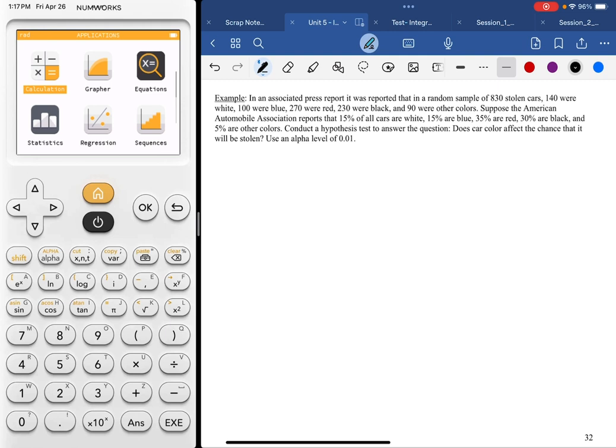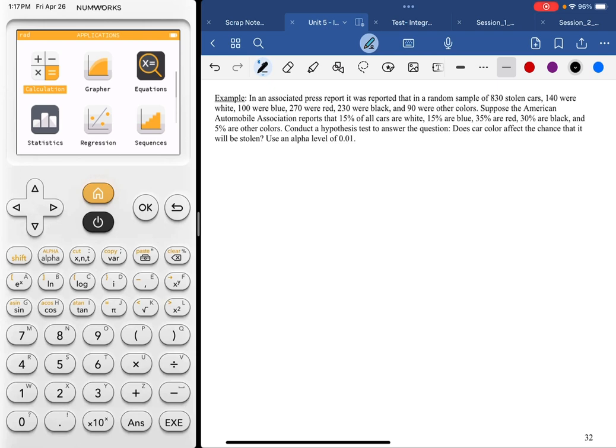Suppose the American Automobile Association reports that 15% of all cars are white, 15% are blue, 35% are red, and so on. Conduct a hypothesis test to answer the question: does car color affect the chance that it will be stolen? And use an alpha value of 0.01.